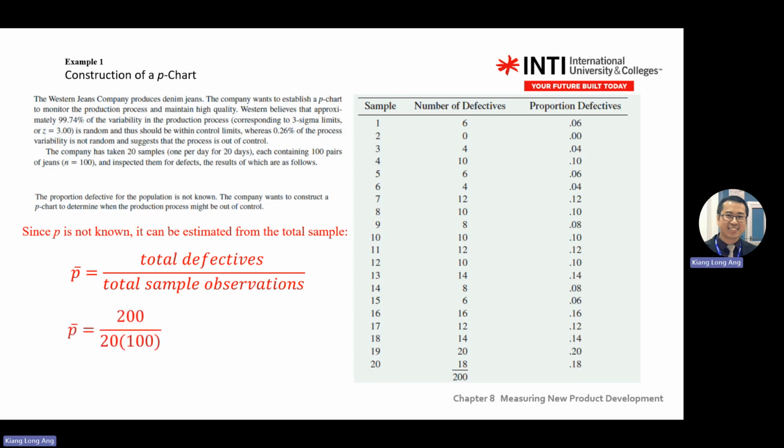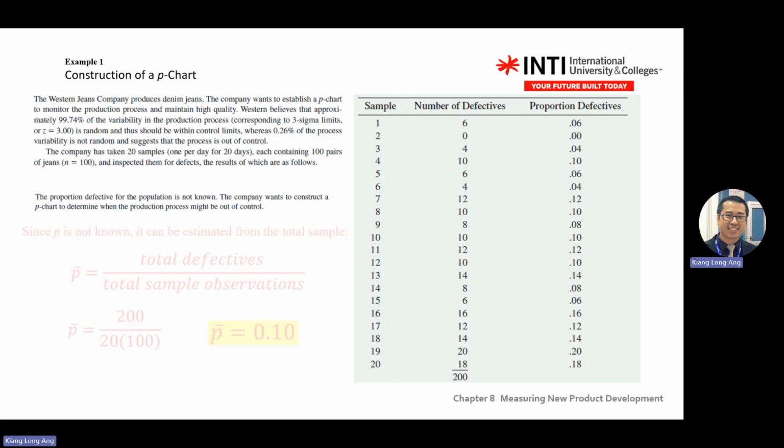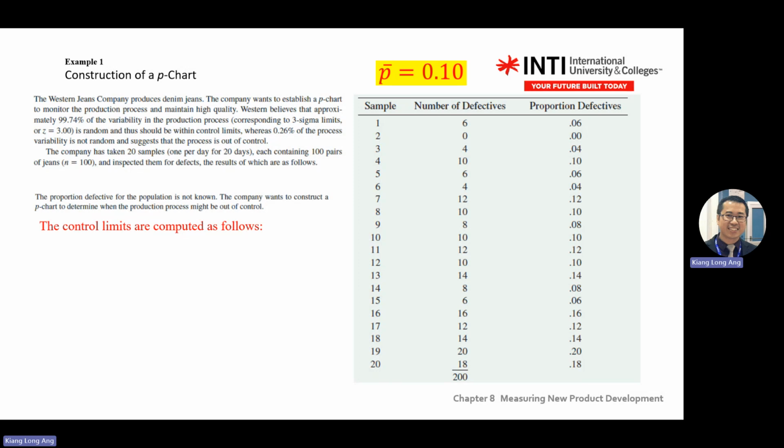It's 200 defects out of 20 days, or 20 samples. And the total sample of observation is 20 multiplied by 100 genes, which is 2000. So your P dash is 0.1.